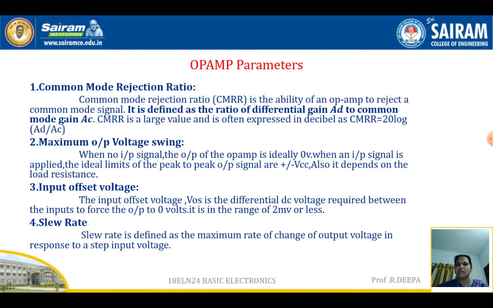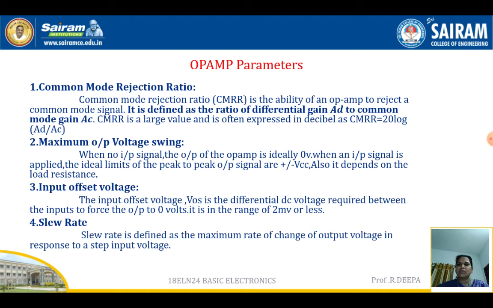The third parameter is input offset voltage. What is the input offset voltage? It is represented by VOS, and it is the differential DC voltage required between the inputs in order to force the output voltage to 0 volt. What it means is, when there is no input, normally we expect the output to be 0.